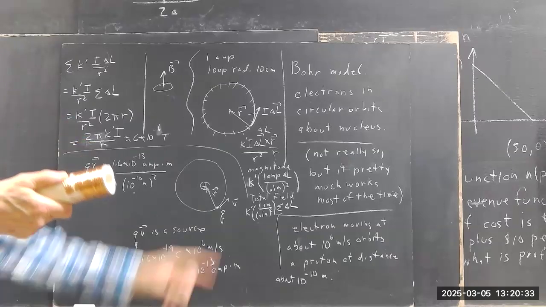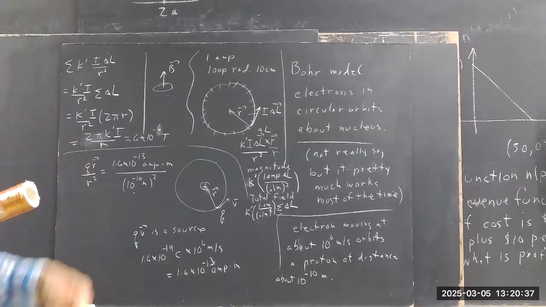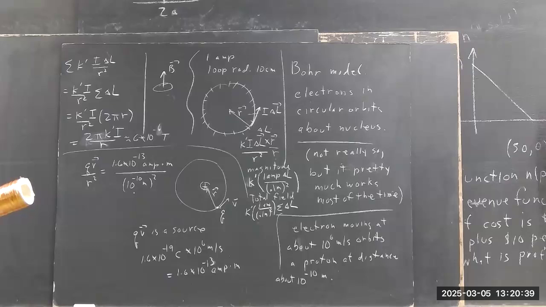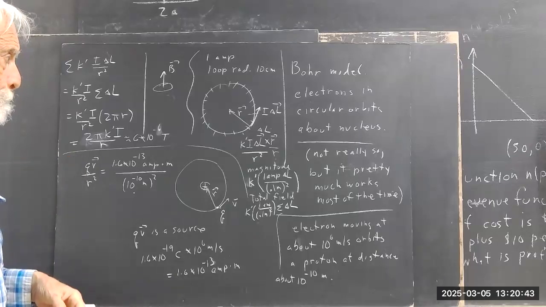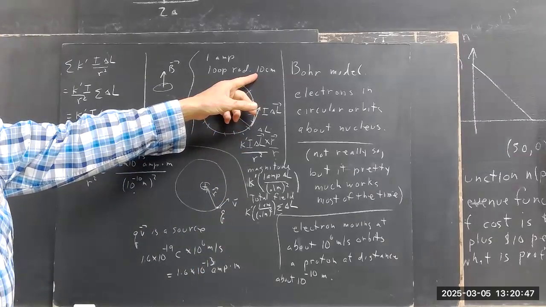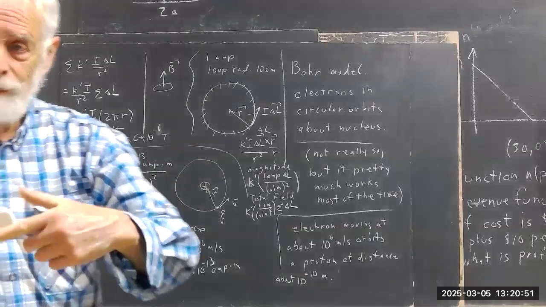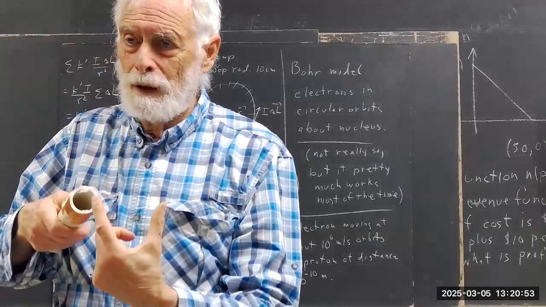How does this compare with this? Let's say we're running an amp. We can just safely run an amp through here. Okay. We're running an amp through here. Loop radius isn't 10 centimeters. 10 centimeters is about like that. That would be a radius about like this.